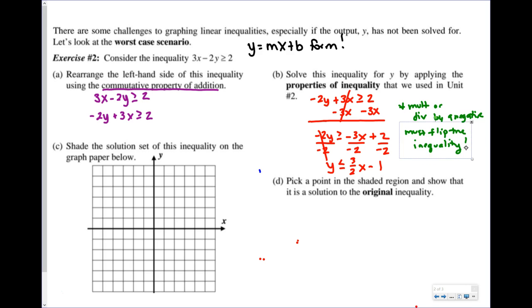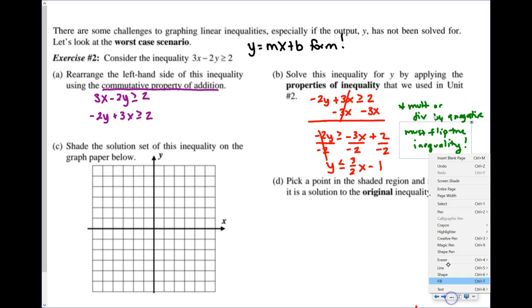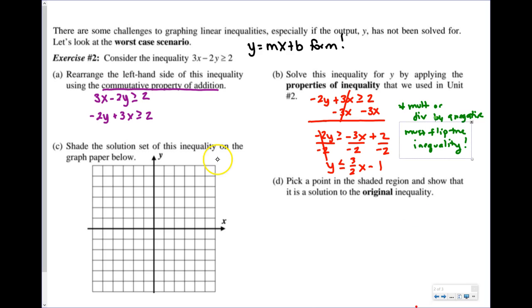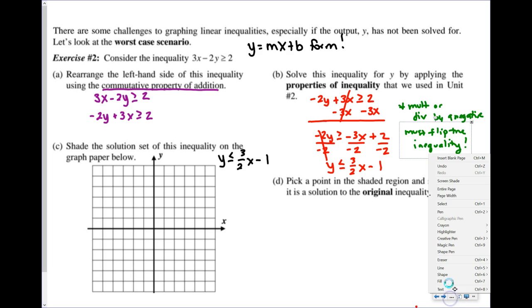Okay, so now I've got this inequality right here, and I'm going to rewrite it on the left here. I've got y is less than or equal to 3 over 2x minus 1. Okay, that's my inequality that I have simplified from my original equation. All right. Now it wants me to graph the solution set onto the graph paper here. So I'm going to remember my rules here.